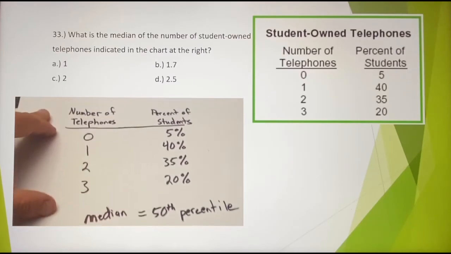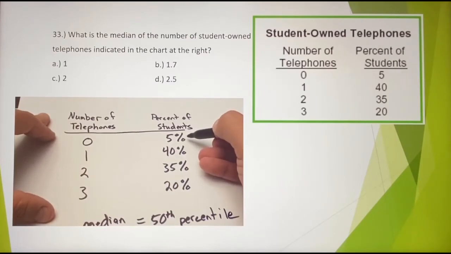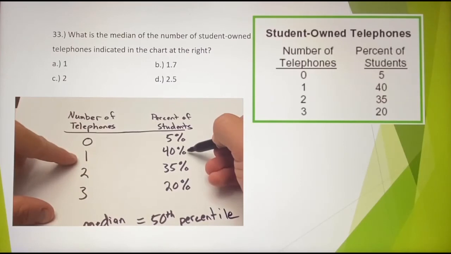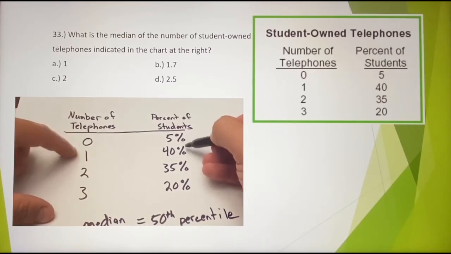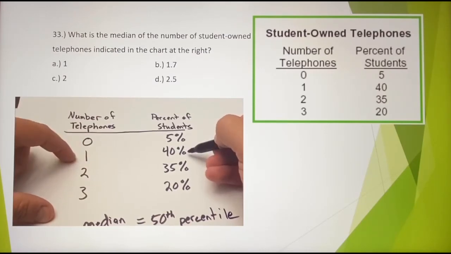Okay, so what we can do is look at our chart and just think of have a running total going. Well, starting with 0, that accounts for 5%. And then if we look at the people with 1 phone combined, that is now accounting for 45%.